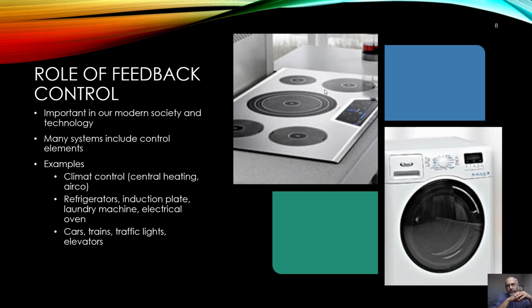First of all, where are feedback control systems used? Well, actually, you could say almost everywhere in nowadays life. At home, you have a lot of systems that are controlled by a feedback system. In the workplace, in your car, everywhere you encounter that.